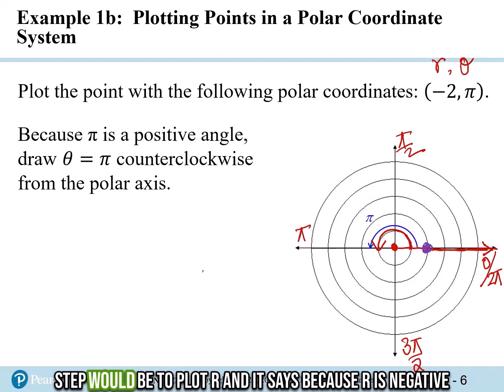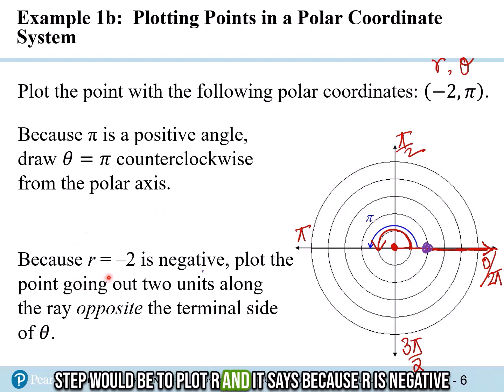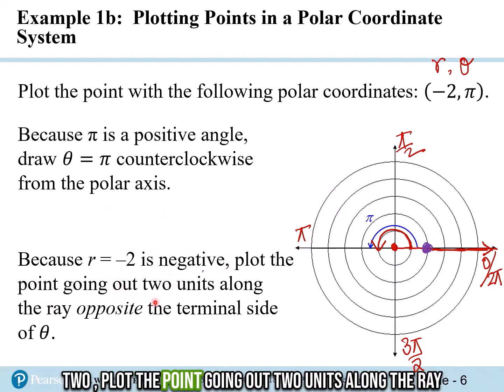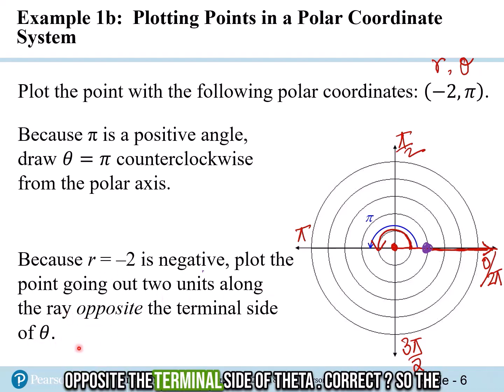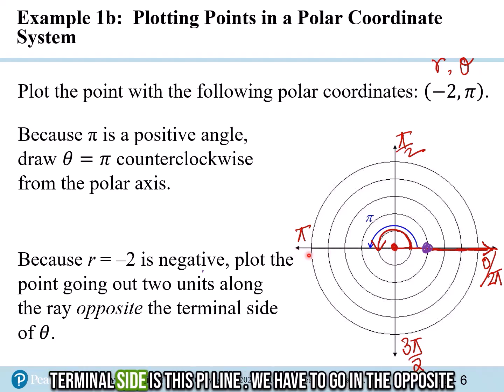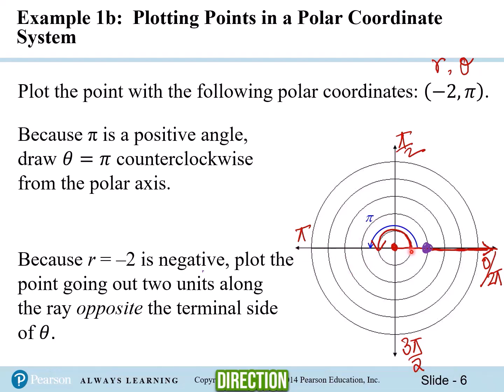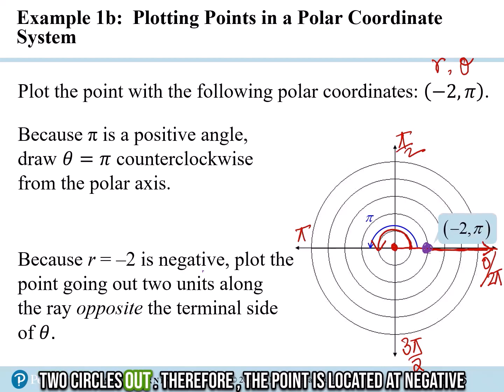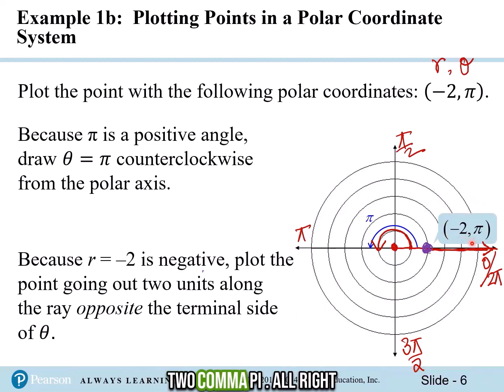And the next step would be to plot R. And it says because R is -2, plot the point going out 2 units along the ray opposite the terminal side of theta, correct? So the terminal side is this pi line. We have to go in the opposite direction 2 circles out. Therefore, the point is located at -2, pi.